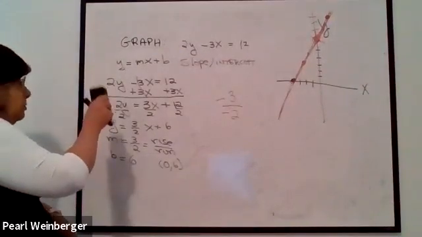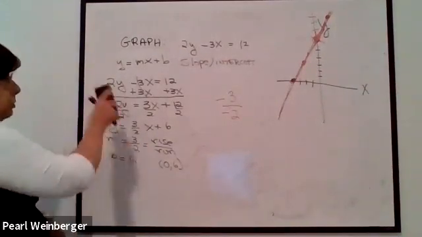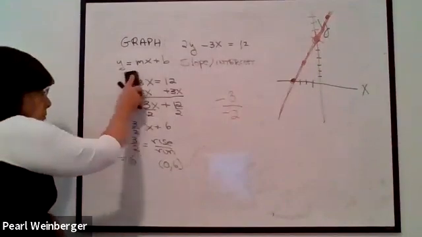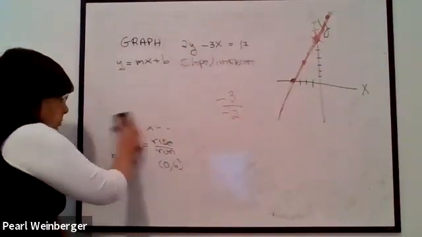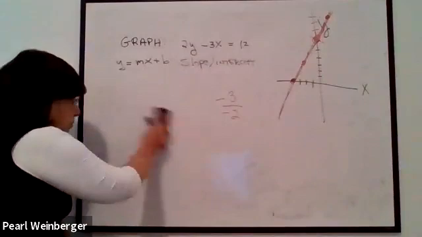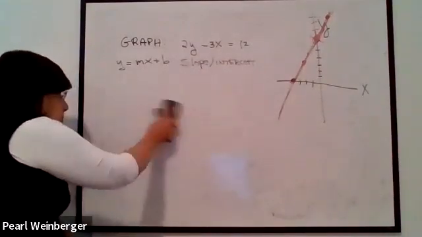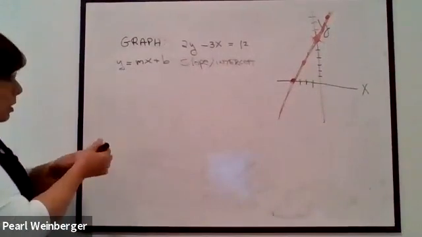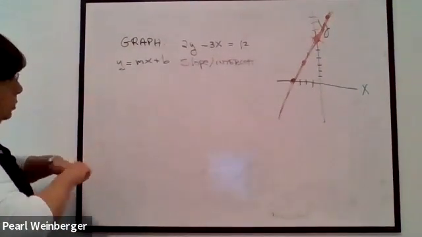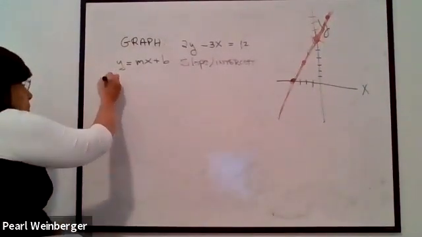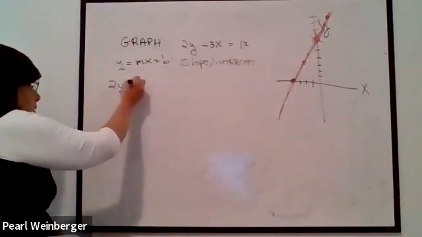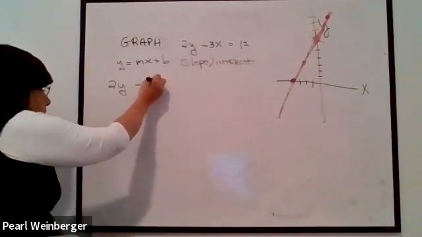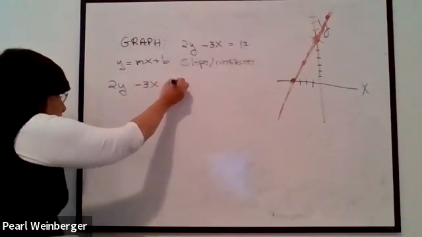Let's go back to this original equation. Our original equation was 2y minus 3x equals 12.